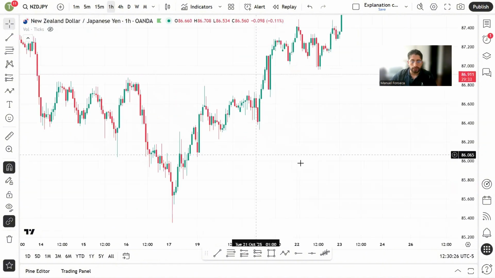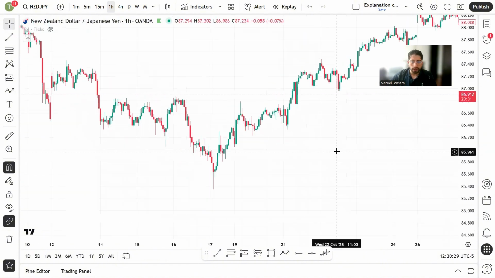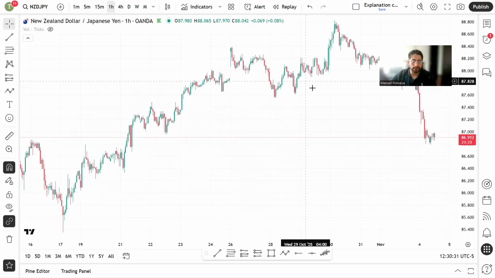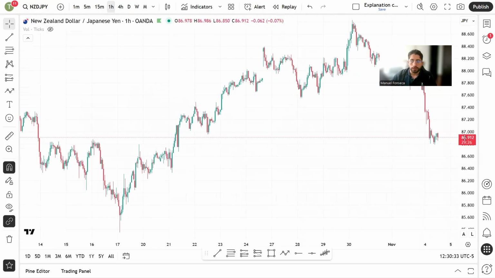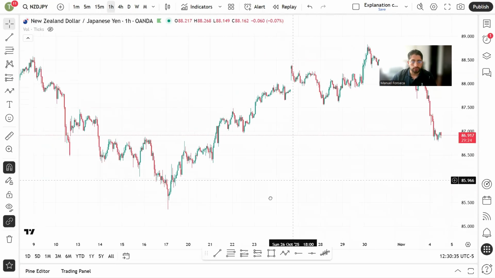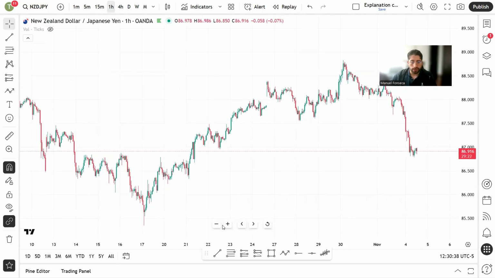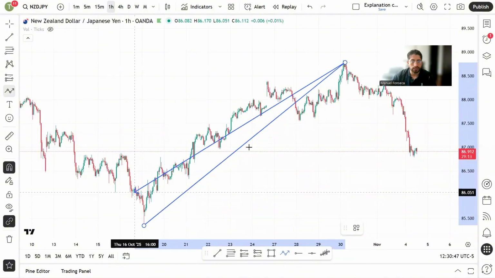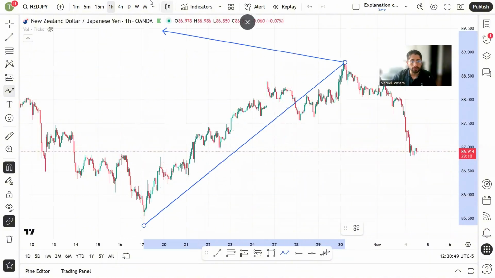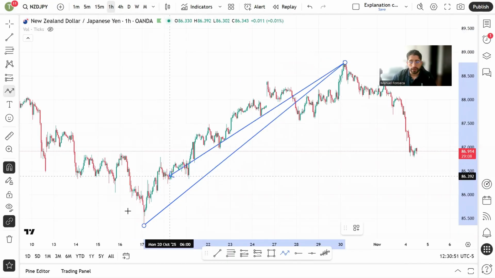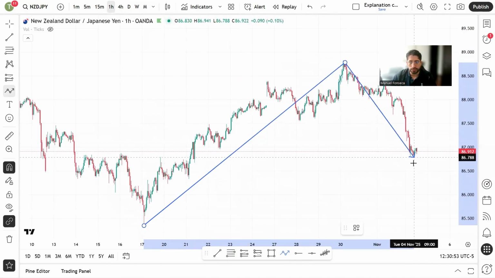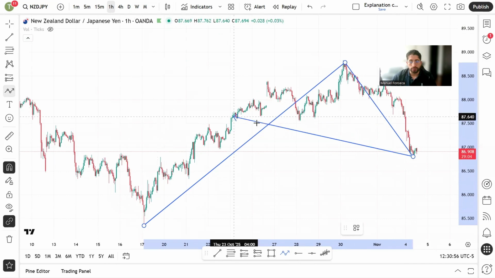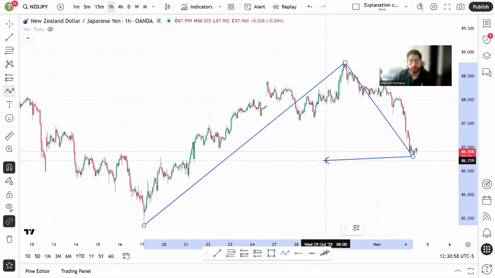So look at the next. This is a very evident bullish impulse, but if you play with the time frames, you can say that all of this, from this to here, could probably be a weekly or a monthly impulse, and this is a retracement in a monthly time frame.